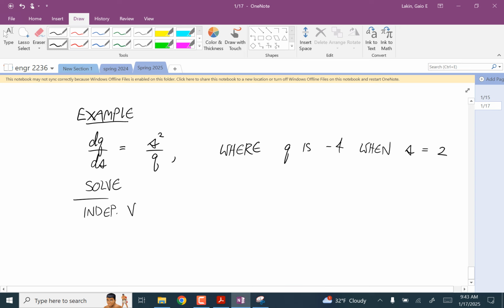Yep. And what's the dependent variable? I didn't really hear that, but I'm going to assume that you said Q. Okay, so what we're trying to find is Q as a function of S.